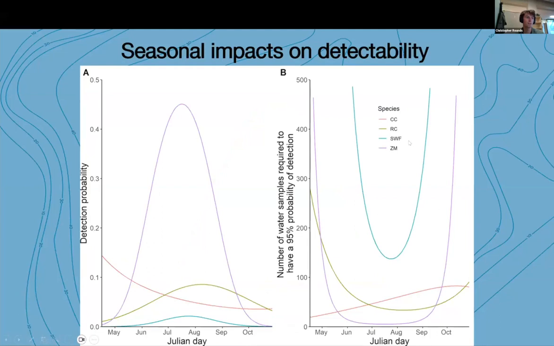So I think what jumps out to me the most from this graph is that if you're looking for these 4 species, no matter when you're sampling, you're going to want to sample at the time when spiny water flea is most detectable, which is kind of right in the midsummer here, mid to late summer. So our sample timing is really controlled by our hardest to detect species. And then all of the other species are kind of much easier to detect in comparison to spiny water flea.